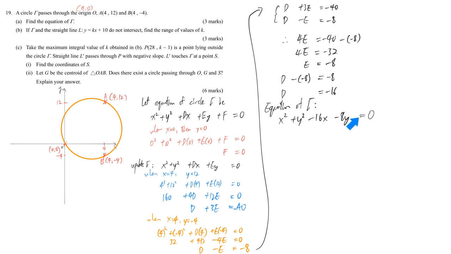This is the answer, but in fact there are other ways. For example, if you realize that AB is a vertical straight line because they have the same x coordinate, then we know that the chord is vertical. And it's very easy to find the perpendicular line here. The perpendicular bisector of the chord will pass through the center.